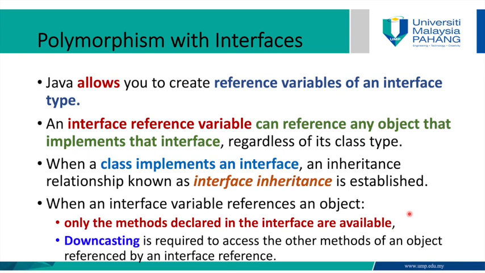Downcasting is required to access the other methods of an object referenced by the interface reference. You have to make sure to organize your program well so that it's easy for the objects to access those methods.